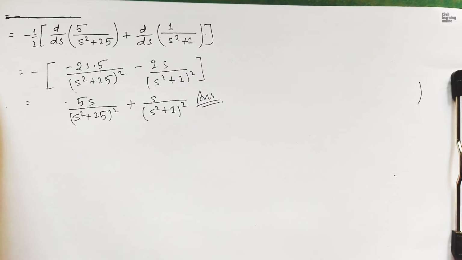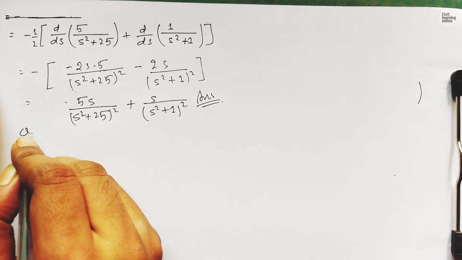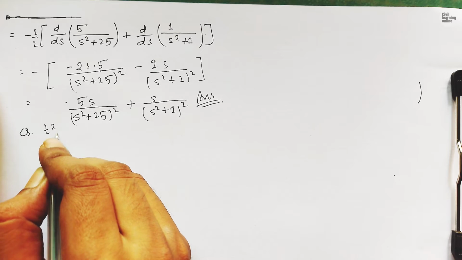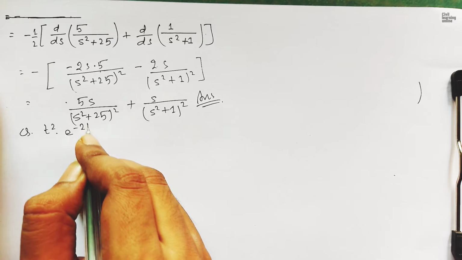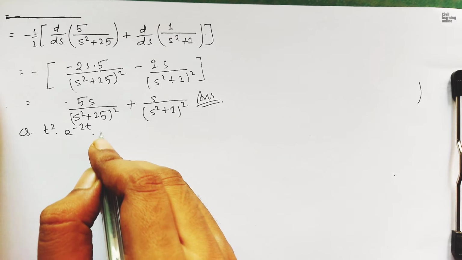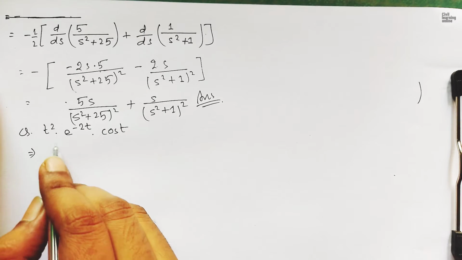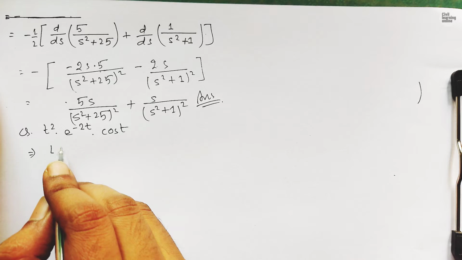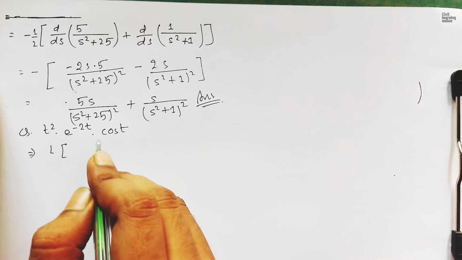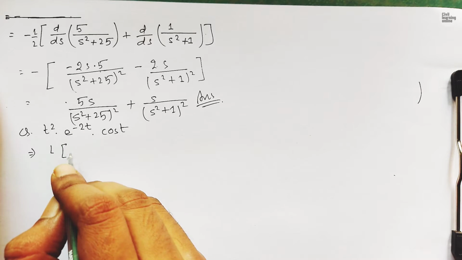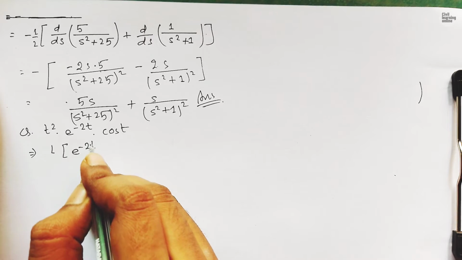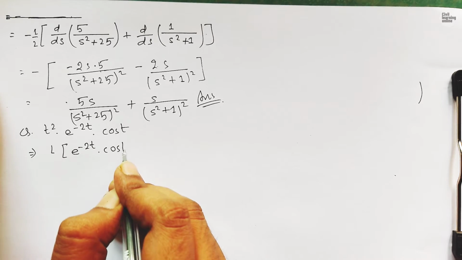Now we will proceed to the third numerical example, that is the question t square times e to the power minus 2t times cos t. Again the rule is the same, we are asked to find the Laplace transformation of, first we will proceed with these two terms, Laplace transformation of e to the power minus 2t times cos t.